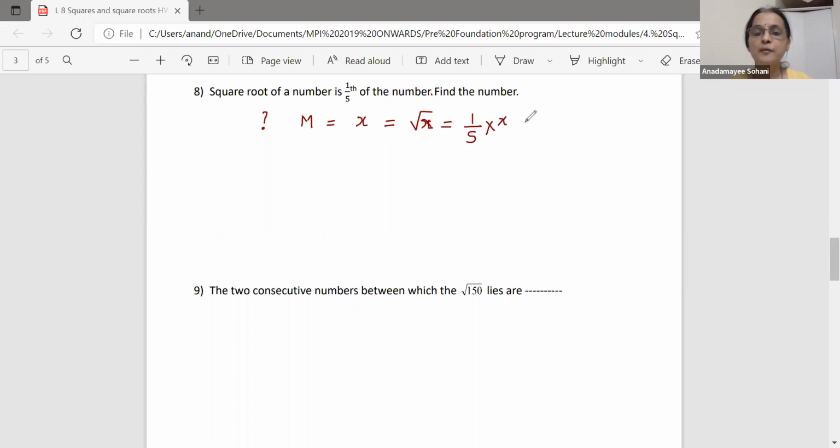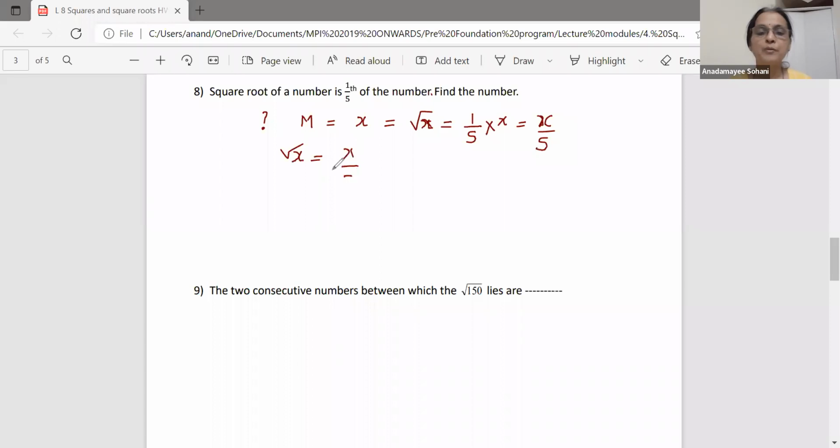That is, can I say x upon 5? Square root of a number is 1/5 of a number. So root x, what is the equation that I'm getting? Root x is equal to x upon 5.